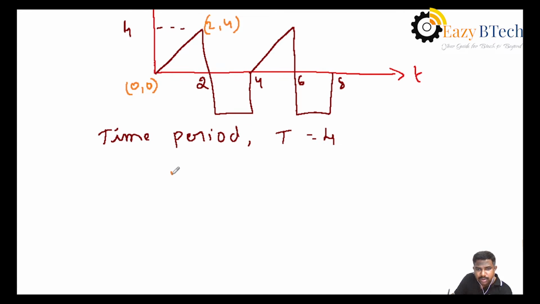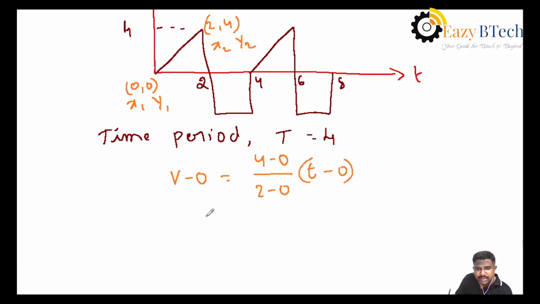You know the formula y minus y1. This is x1, y1 and this is x2, y2. You know the formula y minus y1, where y is the y-axis variable, voltage V, equals (y2 minus y1) by (x2 minus x1), that is (4 minus 0) by (2 minus 0), into (x minus x1). x is the x-axis variable t minus x1, which is 0.